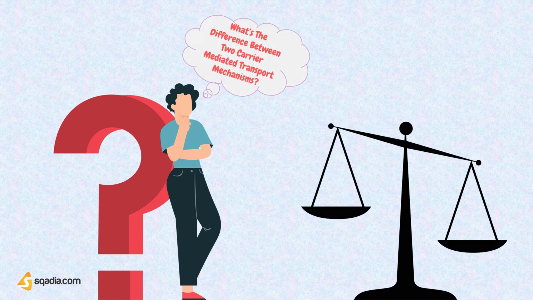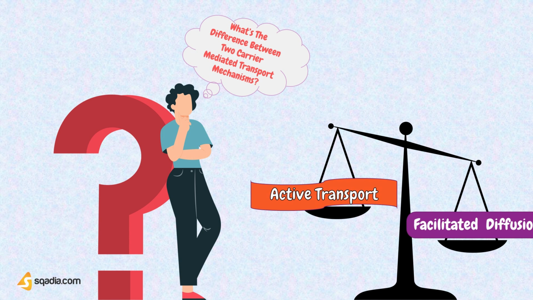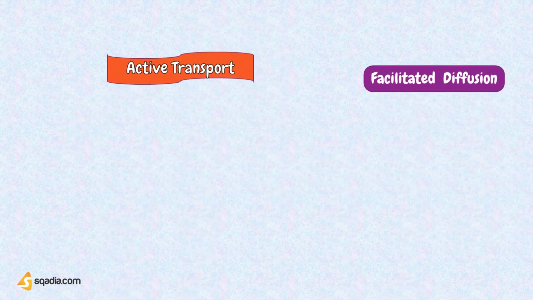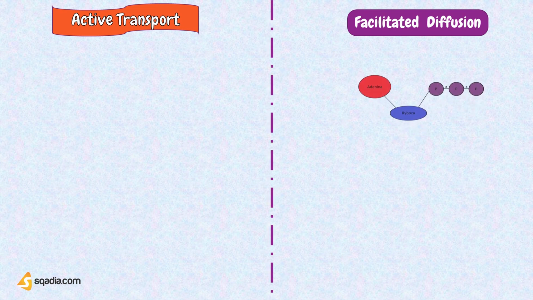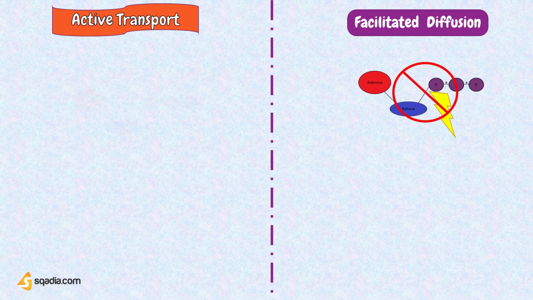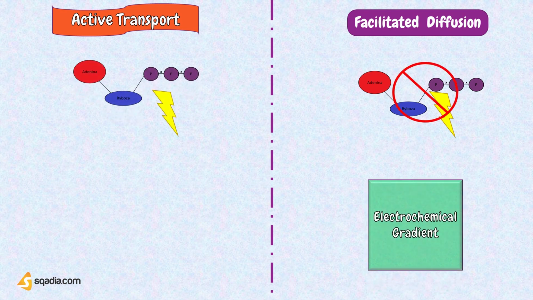A question may have crossed your mind. Isn't active and facilitated diffusion the same type of mechanism? The simple answer is no, it is not. They are different from one another. The active transport mechanism is different from facilitated diffusion in two ways. Carrier protein of active transport needs energy, whereas the carrier protein of facilitated diffusion does not need energy.